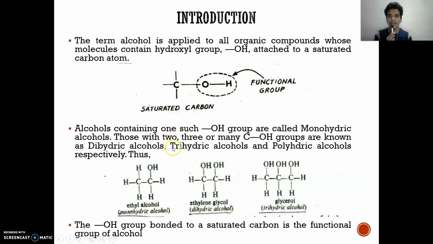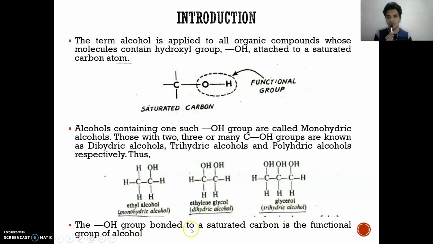Accordingly, compounds with 2, 3 and many C-OH groups are called dihydric alcohol, trihydric alcohol, and polyhydric alcohol respectively. For example, ethyl alcohol contains only one alcoholic group, ethylene glycol contains 2 OH groups, and glycerol contains 3 OH groups.